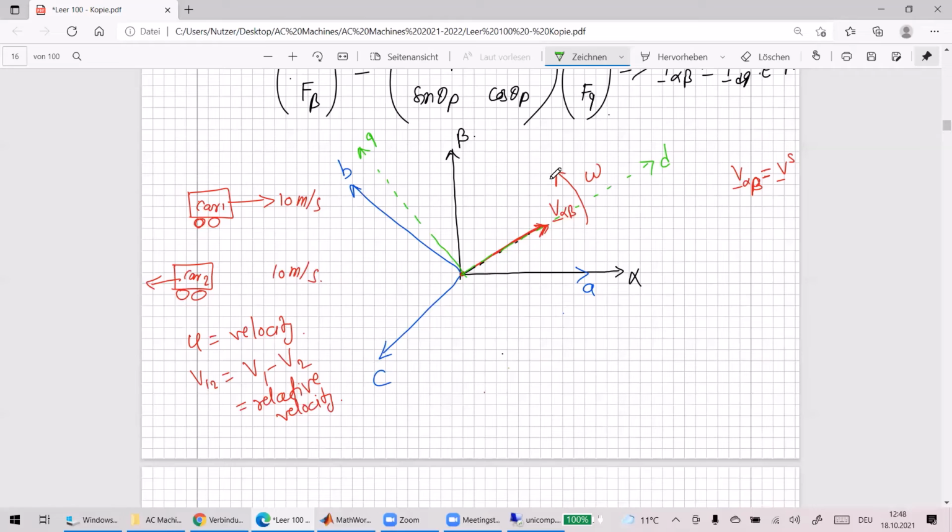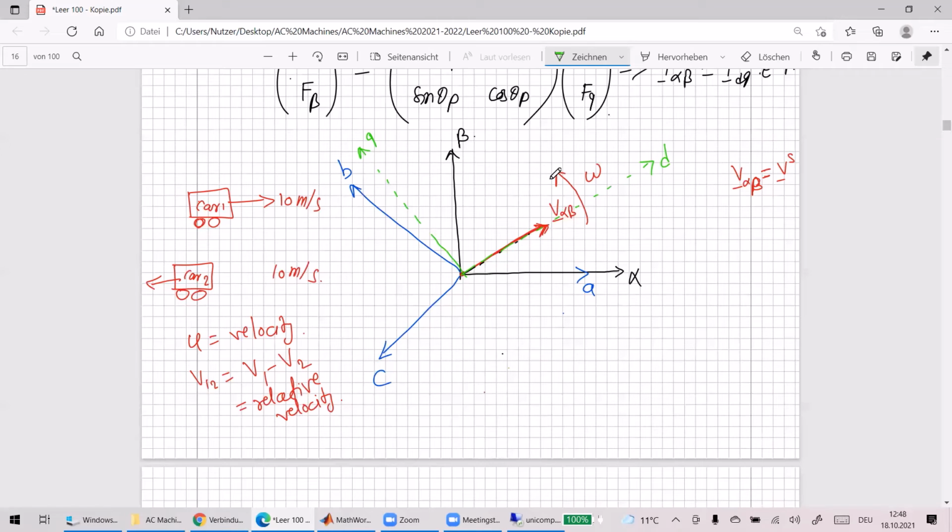So if you want to understand physically what's happening, we try to rotate along with the resultant vector and in the same direction. Okay, is this clear? So this is all for the fundamental component.